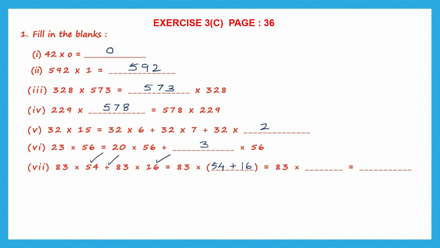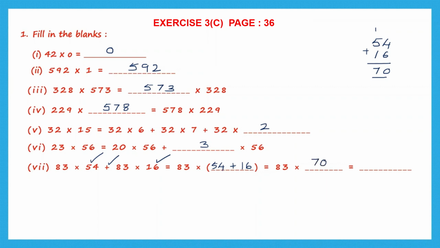So 54 plus 16, let's add it up. 4 plus 6 is 10, carry 1. 5 plus 1 is 6, plus 1, 70. So that is 83 into 70.